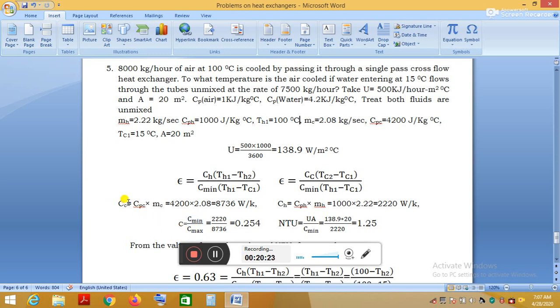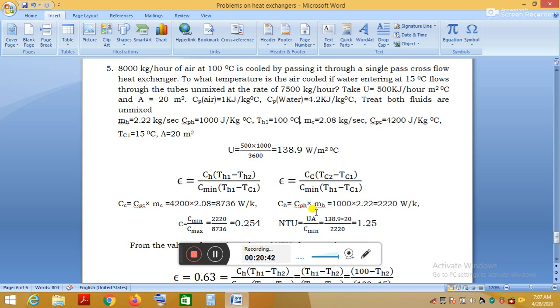C suffix C, that means the heat capacity of the cold fluid, can be found by using the equation m suffix c into Cpc. Mass of cold fluid into specific heat of cold fluid gives the heat capacity of the cold fluid. Similarly, we can find the heat capacity of the hot fluid.